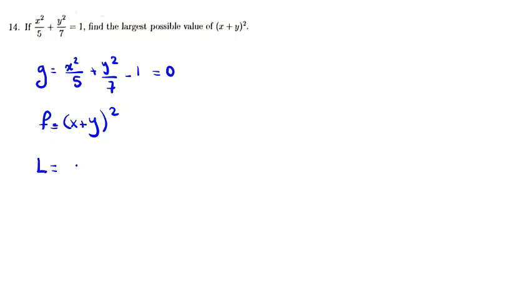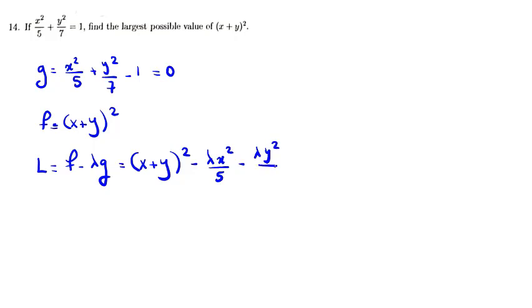We solve this idea in many problems of SMO. We define L equals f minus lambda g equals x plus y squared minus lambda x squared over 5 minus lambda y squared over 7 plus lambda. Now we differentiate L with respect to x.